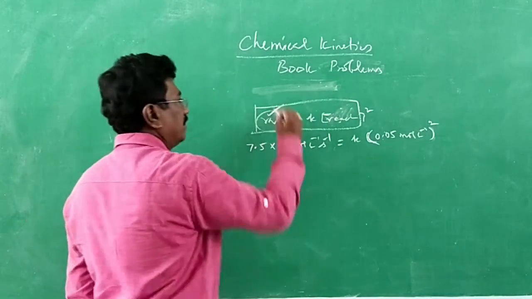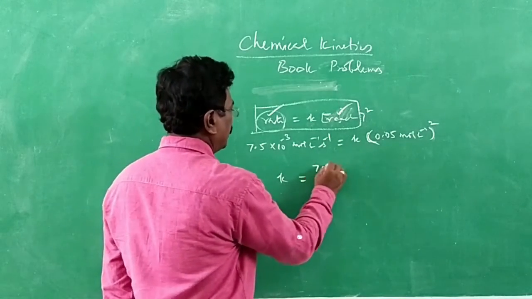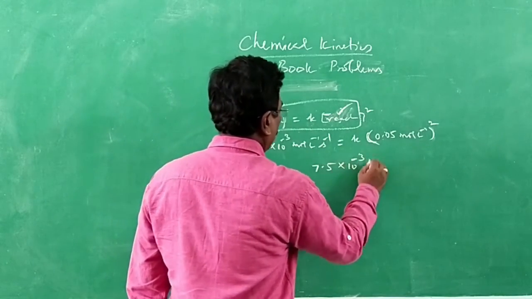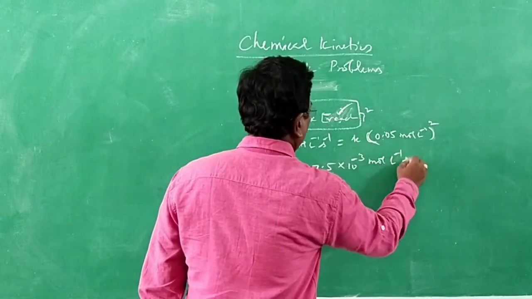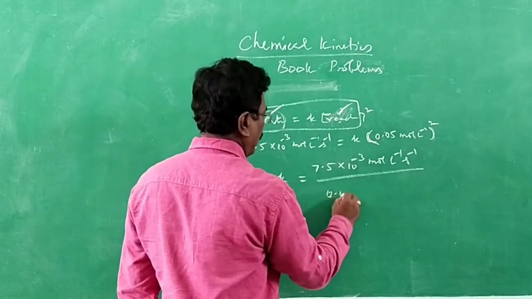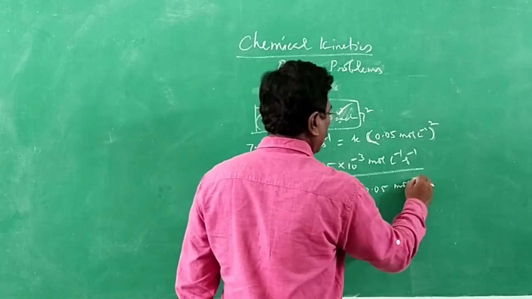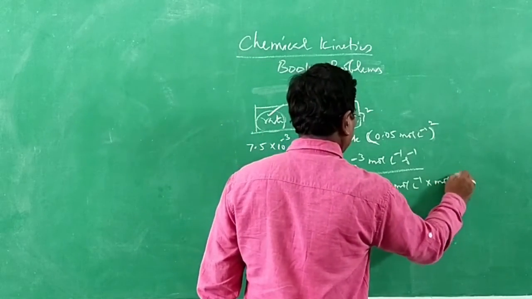Rate is given, concentration of reactant is given, you are asked to get K, the rate constant. K is equal to 7.5 into 10 power minus 3 mole per liter per second divided by the squared concentration, 0.05 into 0.05 mole per liter into mole per liter. That you should understand.